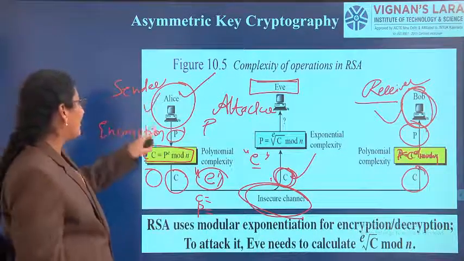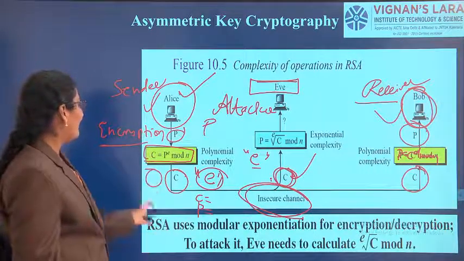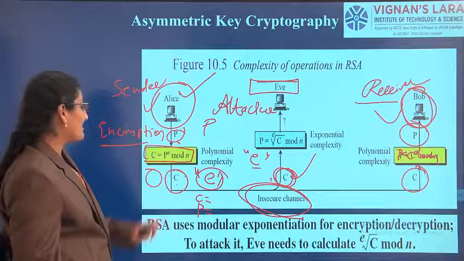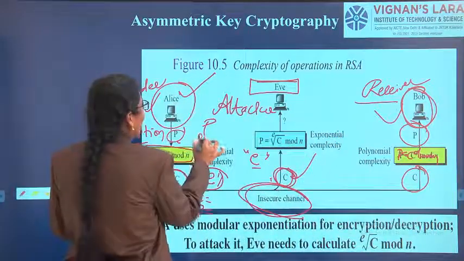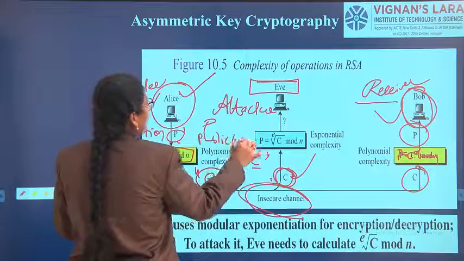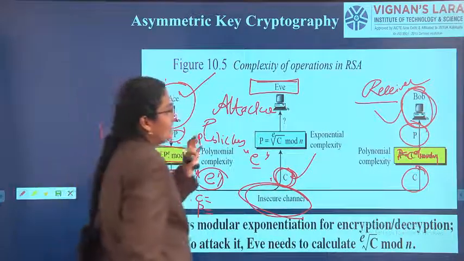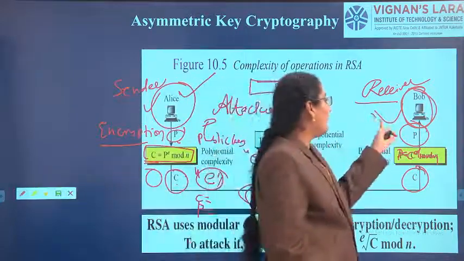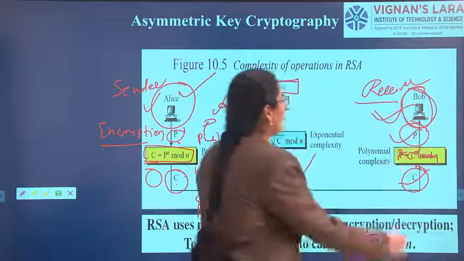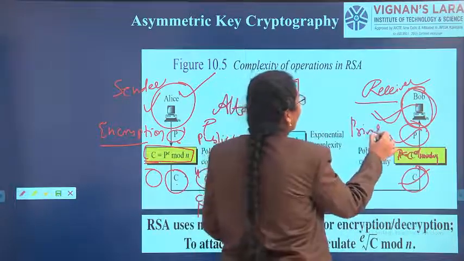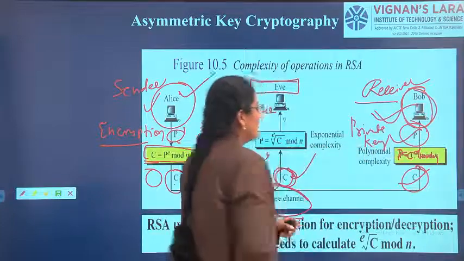So Alice is the sender, performing encryption. From plain text he will get ciphertext. Here Alice will use the public key for encryption. On the other hand, Bob is the receiver, he has the ciphertext, he will convert it into plain text. Here he will use the private key.